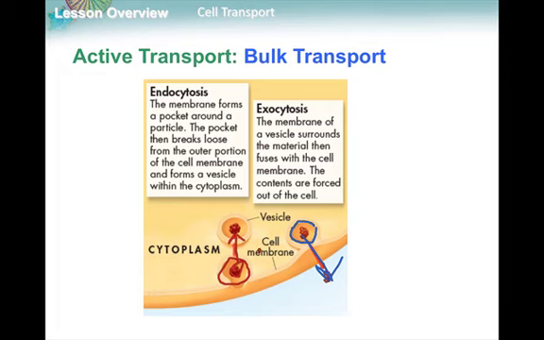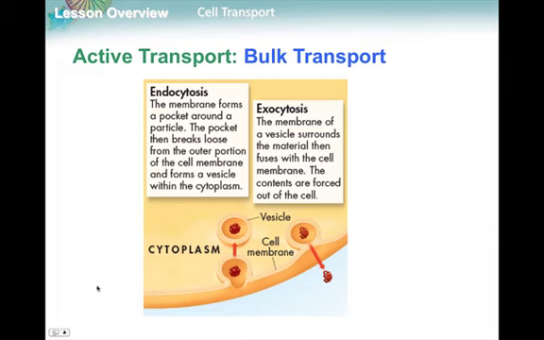If you remember, vesicles are simply little circular cell membranes inside of the cell. And so this particular mode is endocytosis, whereas the one on the right is exocytosis. If you know that endocytosis is moving things in and exocytosis is moving things out, you're perfectly fine for this course.